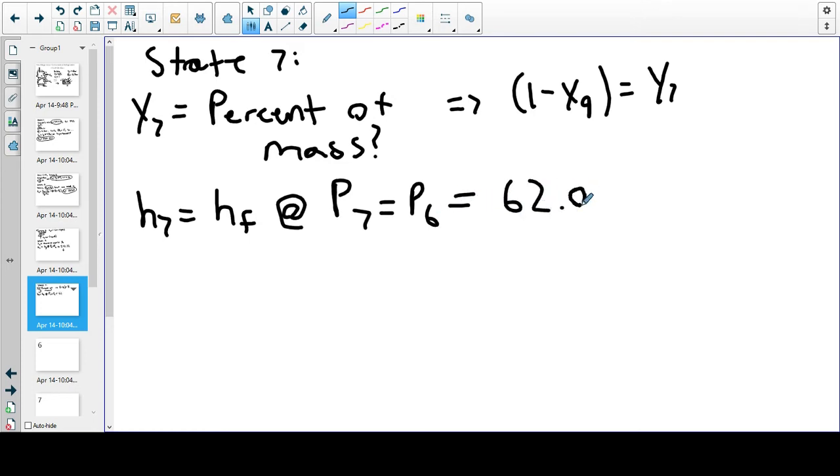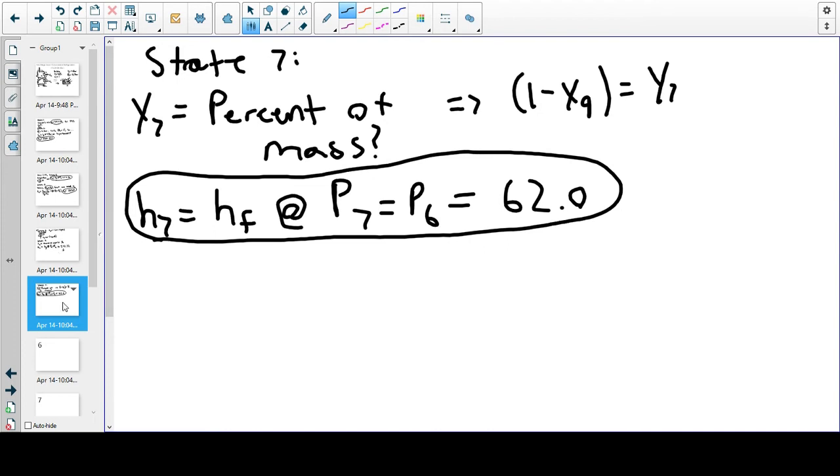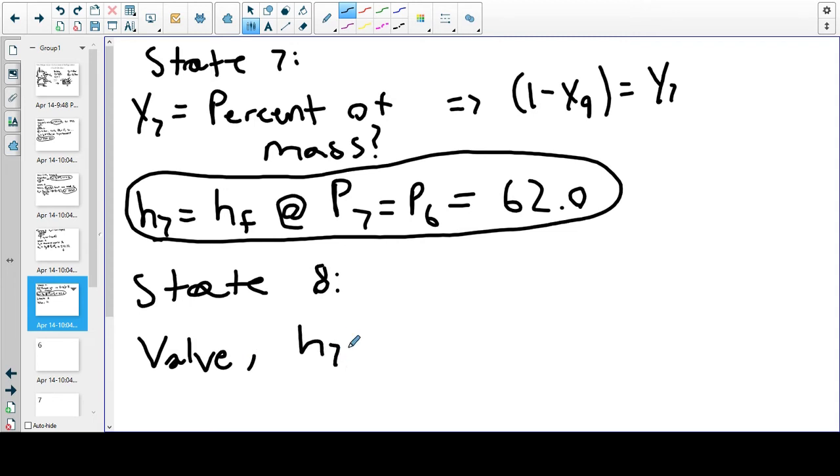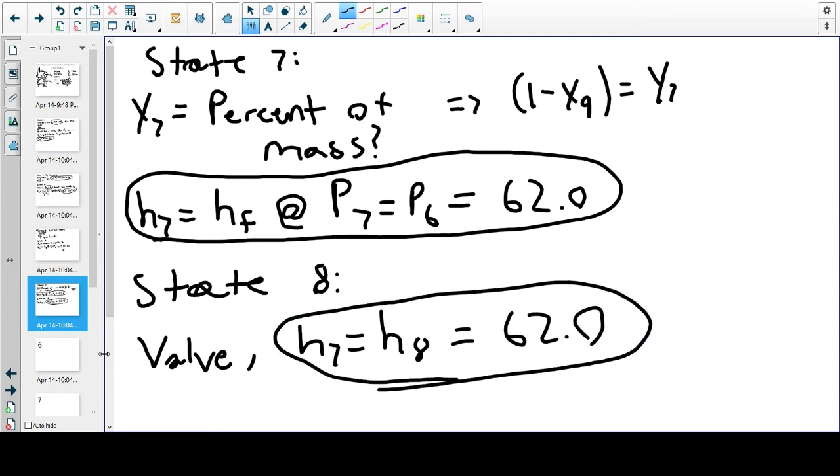Because if you think about it, H7 is equal to Hf at P7. What I was going to say is at the valve, X6 is the total of the vapor over total mass. And so you know that all the vapor went one way, right? So you know that 9 is equal to 6.